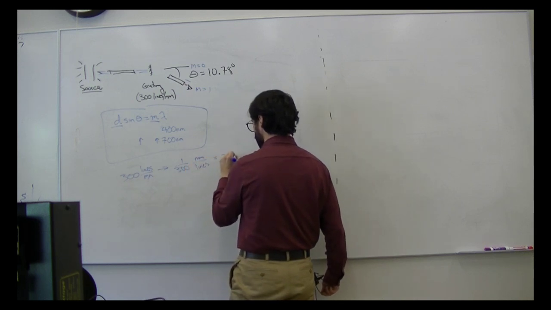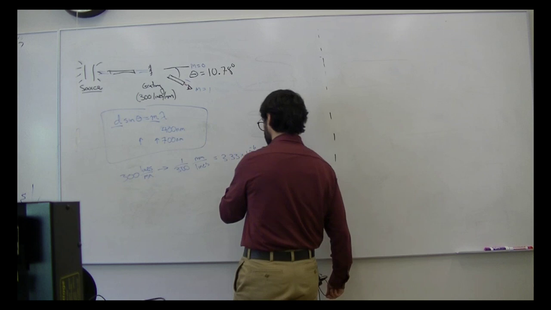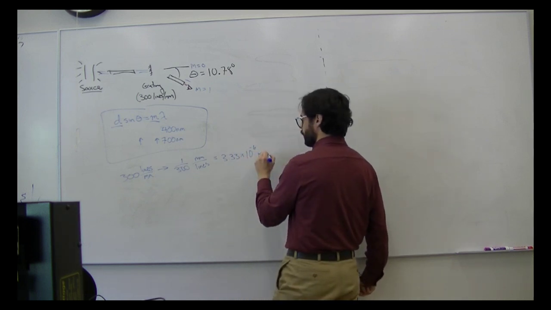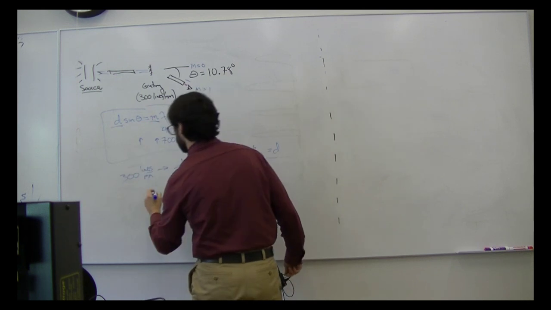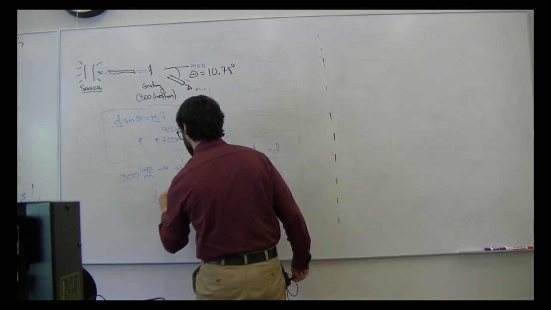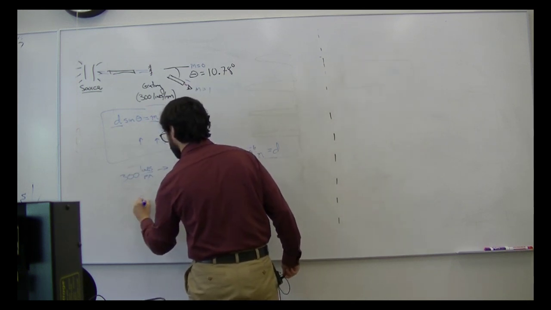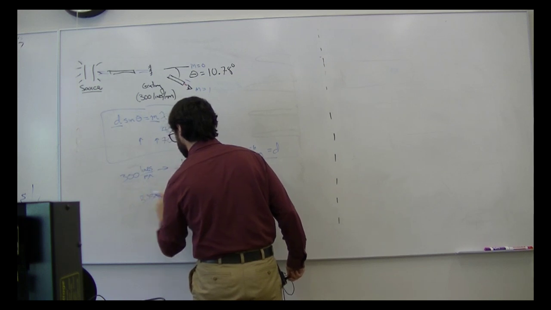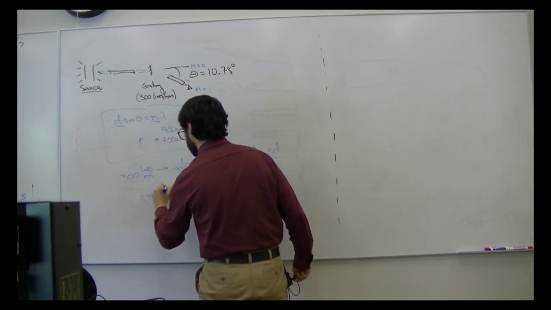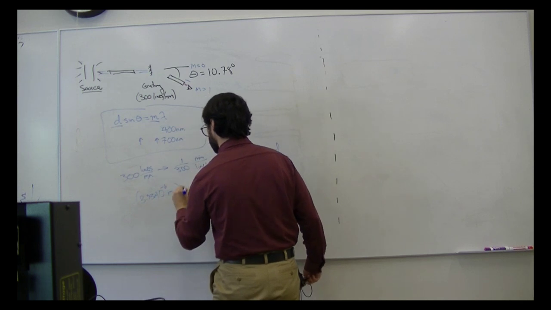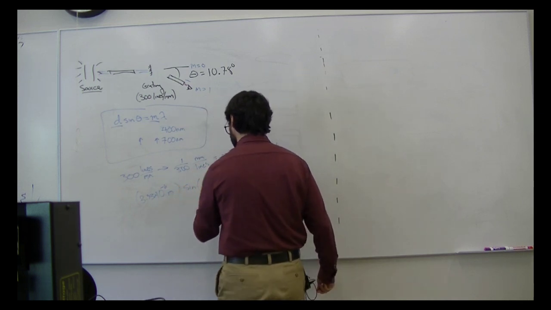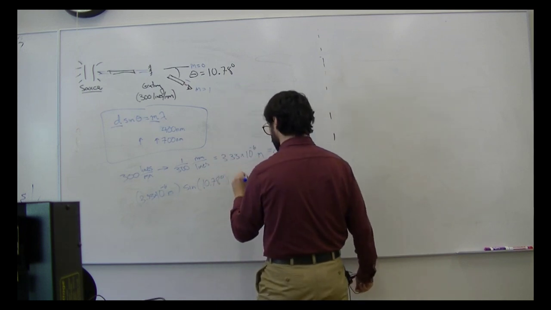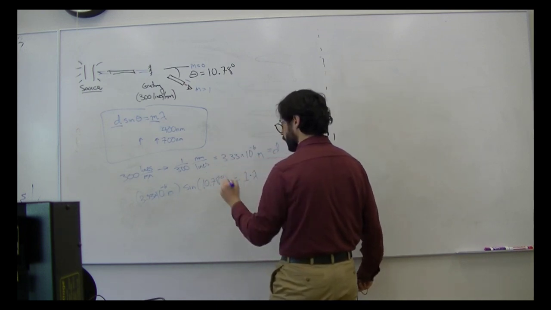So that's 3.33 times 10 to the minus 6 meters for d. And that's really all I need. So I have d sine, we'll call it 3.33 microns, sine 10.78 equals 1 times lambda, and then math happens.